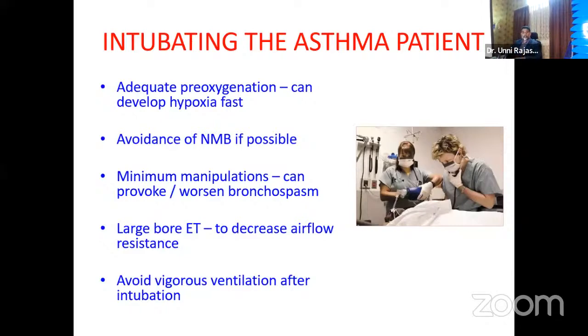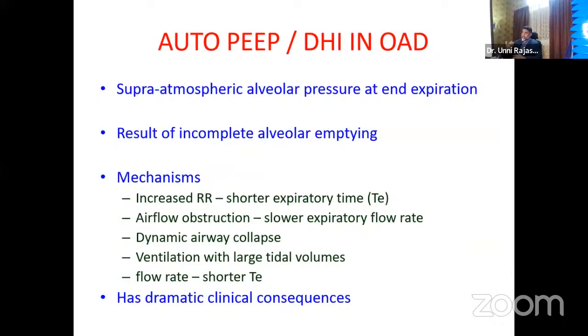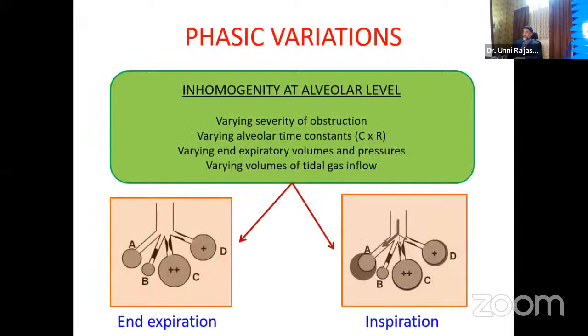All of those become mandatory. We need to understand the mechanism of auto-PEEP because of the increased respiratory rate, airway obstruction, dynamic airway collapse, and the patient ventilating with large tidal volumes and shorter expiratory time. Many factors play a role. There is development of supra-atmospheric alveolar pressure at end expiration, which can result in dramatic clinical consequences.